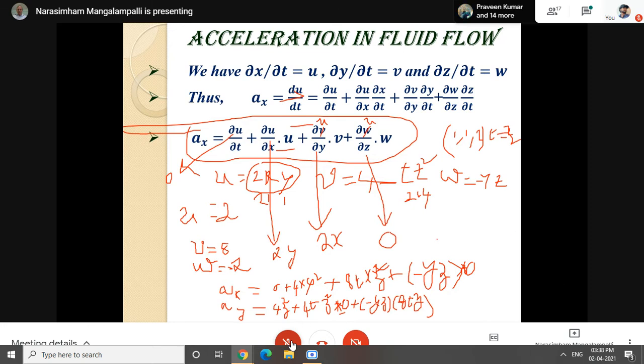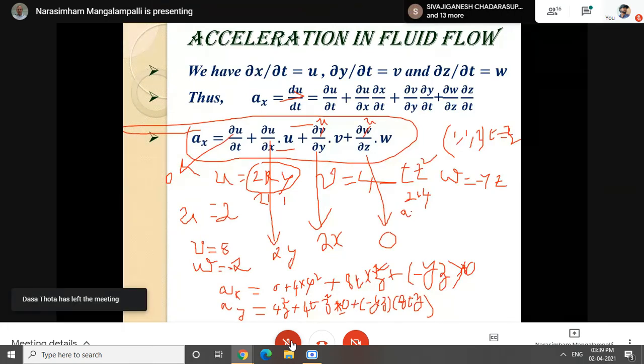Similarly, you can write az. So az is equal to, let us write number 6.